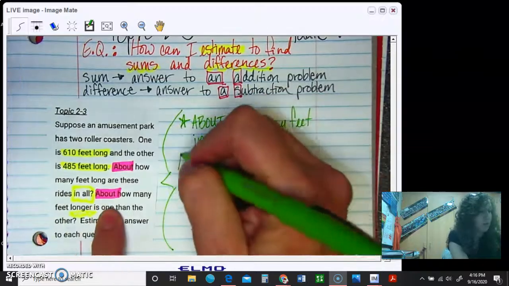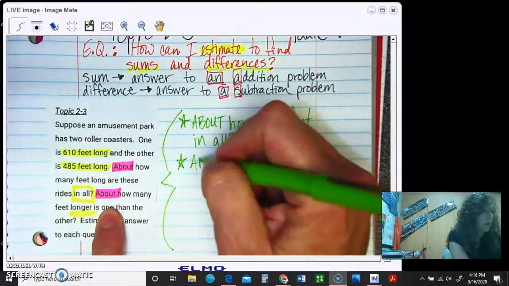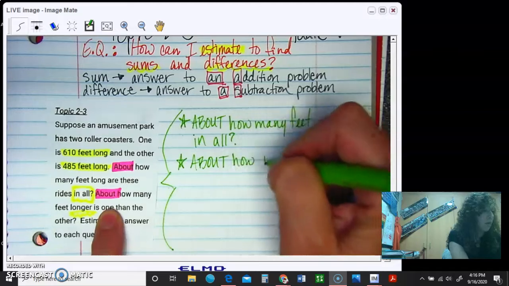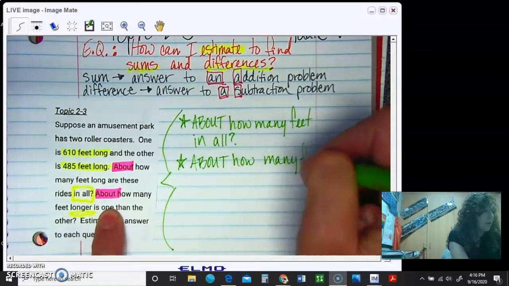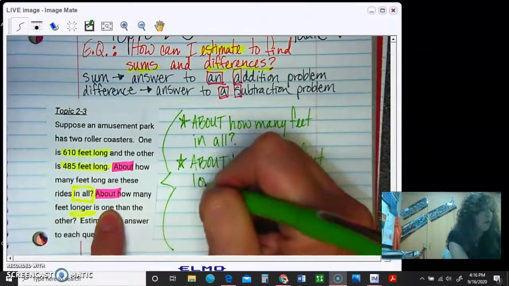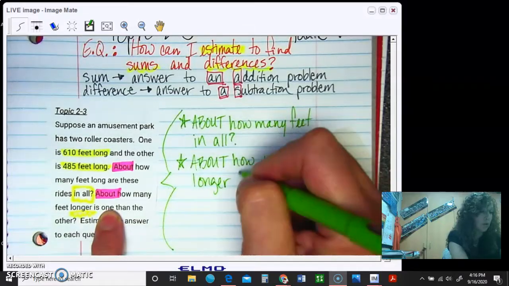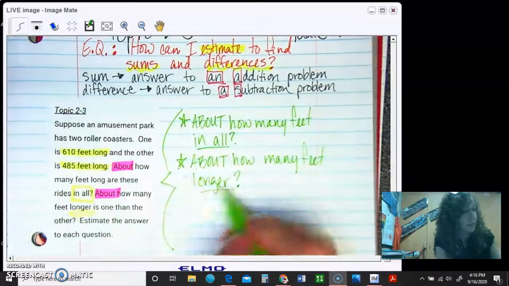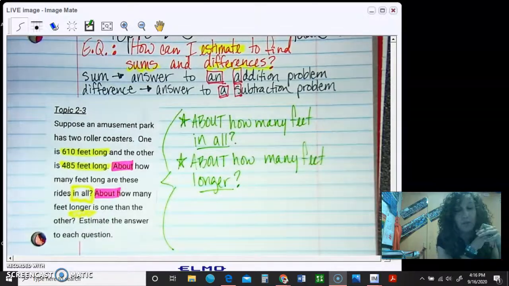My next one is "ABOUT HOW MANY FEET LONGER." Okay, so these 2 phrases should be on your math terms tree map that we did at the beginning of the year. If it's not, let's add it.